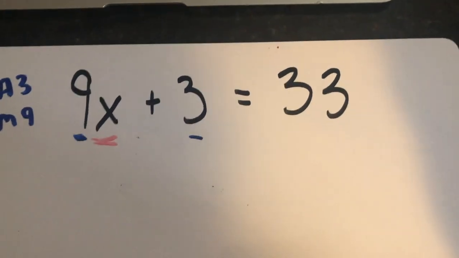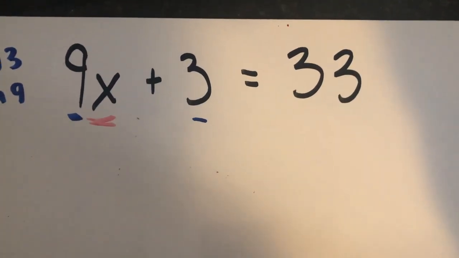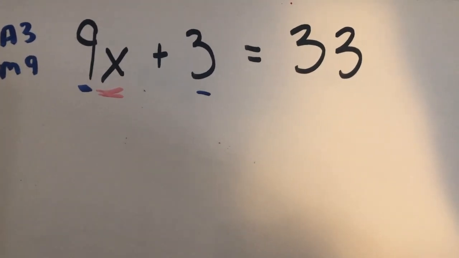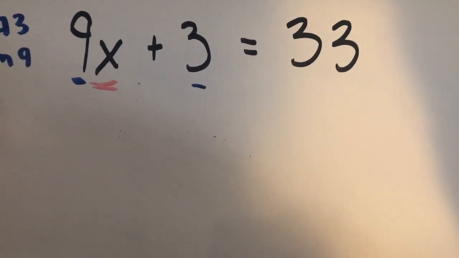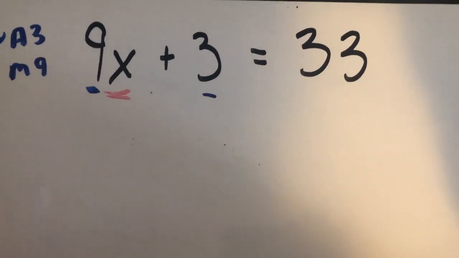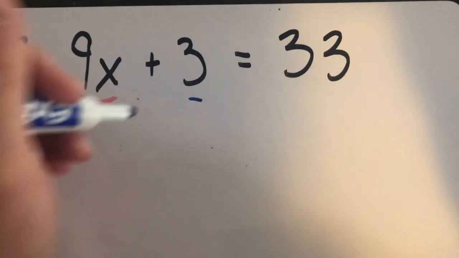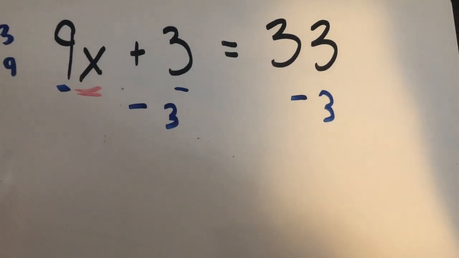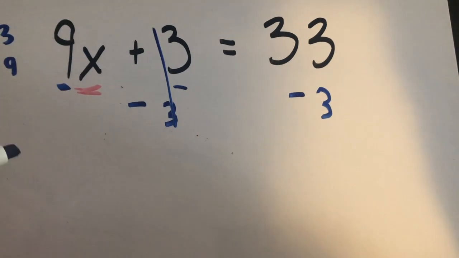So those are the 2 things that we are going to need to fix to be able to get the x isolated. So with problems like this, we are going to start with the problem of addition of 3, and to solve that, to fix that, we need to subtract 3 from both sides. Once we subtract 3 from both sides, this is canceling.